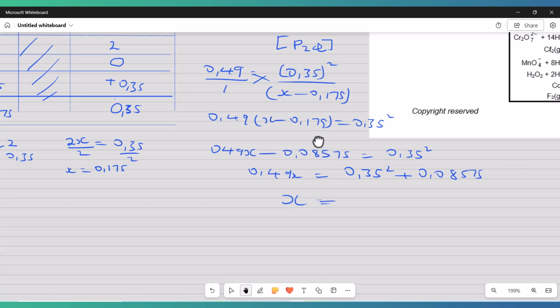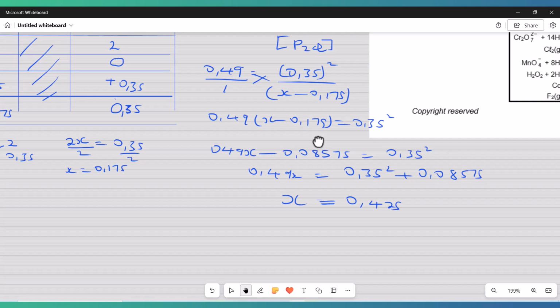What do I have on the numerator? I have 0.35 squared, okay, plus 0.08575 divided by 0.49, okay, so here it gives me 0.425. I have x as 0.425. Remember this is concentration, okay?